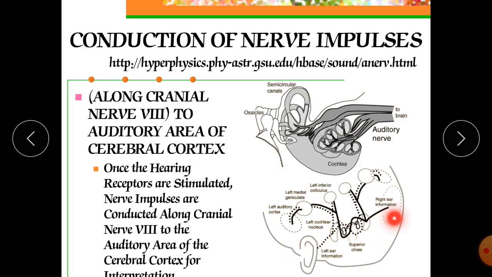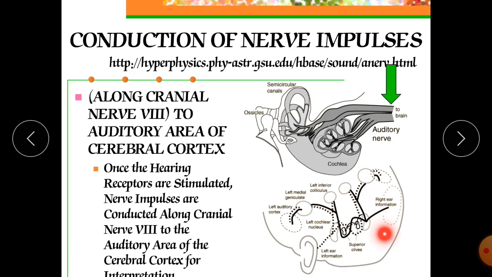In the cerebral cortex, the hearing region is responsible for interpreting the hearing sound. Here we interpret the sound, we memorize it, and we recognize that this is the voice of Amitabh Bachchan, this is the voice of Lata Mangeshkar, this is the voice of Sachin Tendulkar.